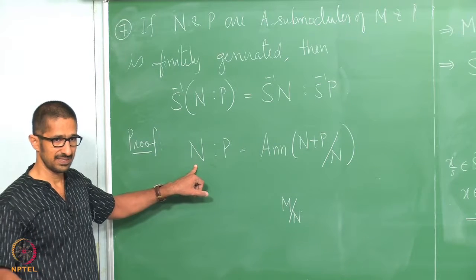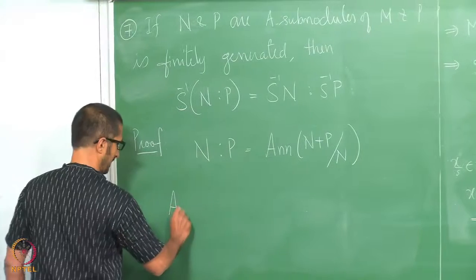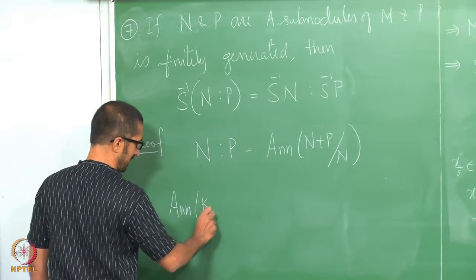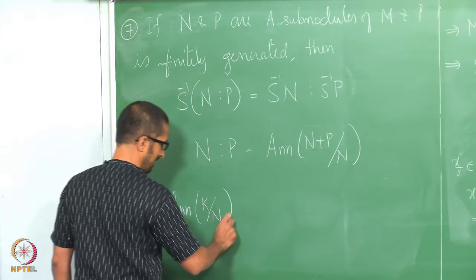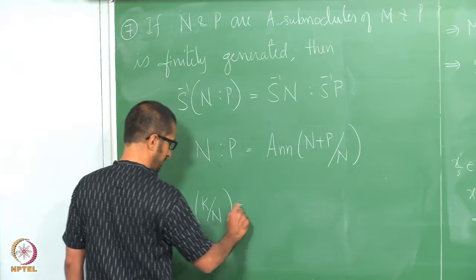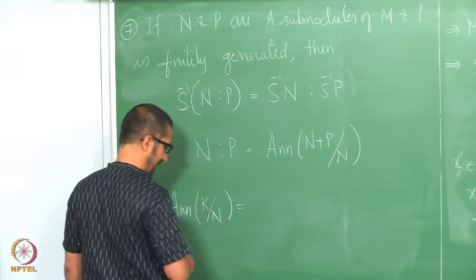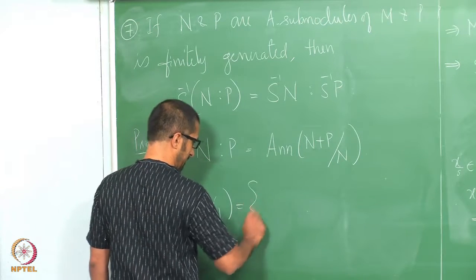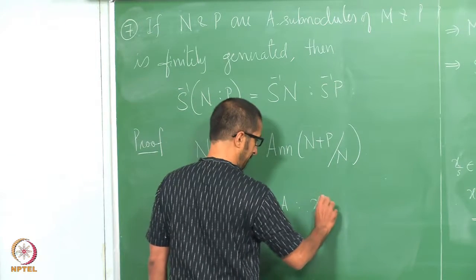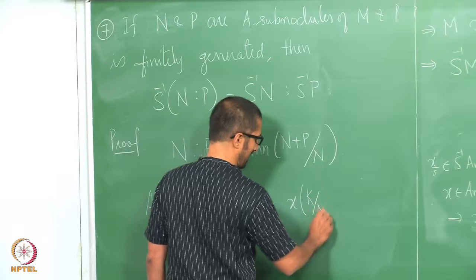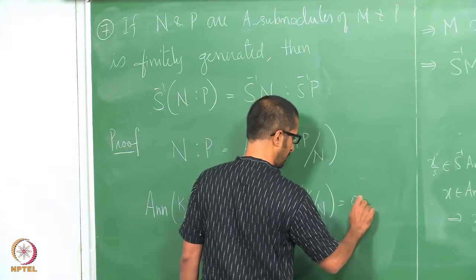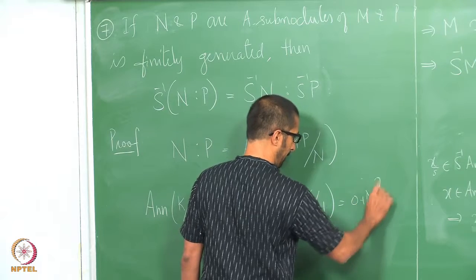See, take any submodule k of m mod n. Its annihilator is precisely the set of all x in A such that x dot k by n is 0 plus n.